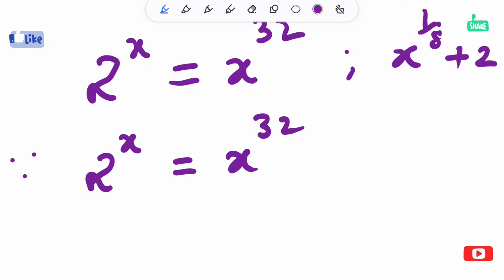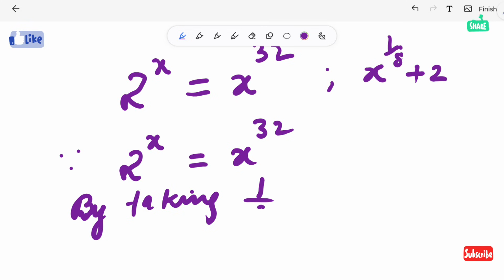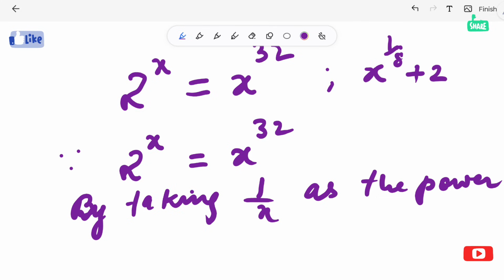Okay, so we are given 2 to the power x and x to the power 32. Now what we'll do is take 1 by x as the power on both sides.